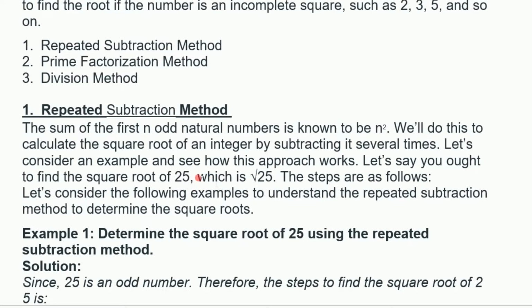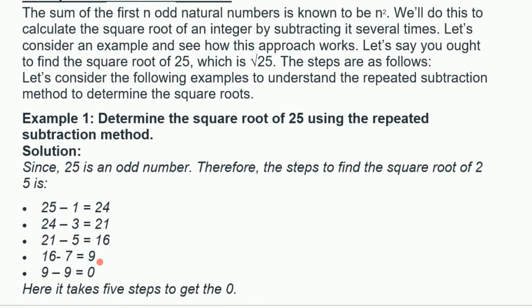For example, to find the square root of 25: 25 minus 1, the first odd number, is 24. 24 minus 3 is 21. 21 minus 5, the next odd number, is 16. 16 minus 7 is 9.